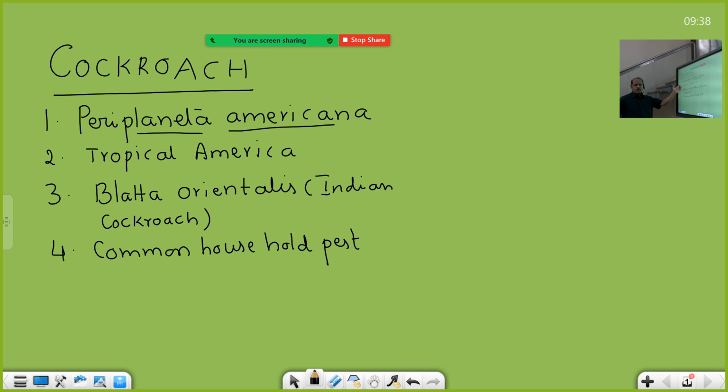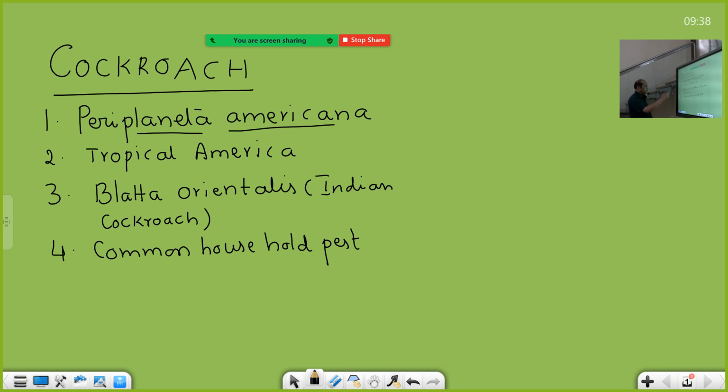Mechanical vector. Already we have given types of vectors: mechanical vector and biological vector. In mechanical vectors the development of the parasite never takes place, but they spread the disease from one host to another host by carrying the infective stages. Houseflies and cockroaches are mechanical vectors.